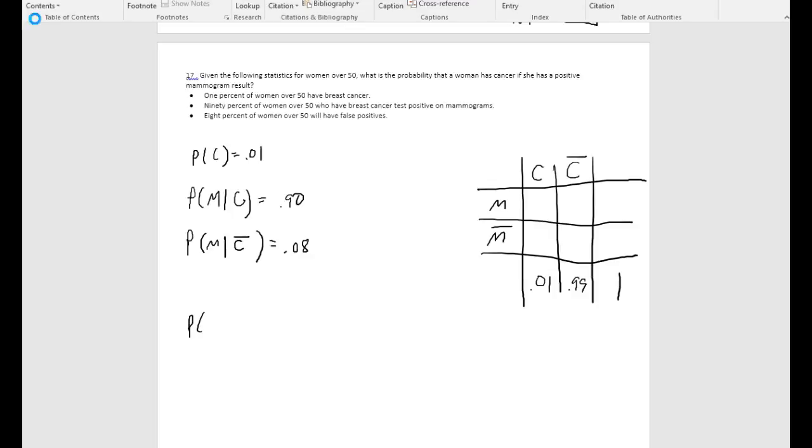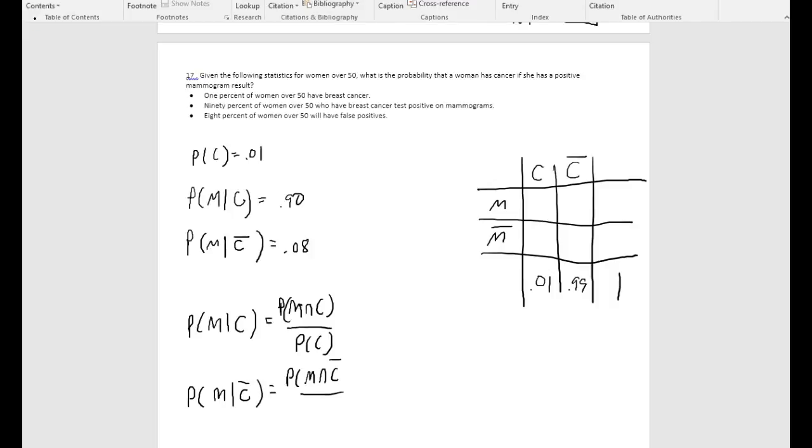So we normally break our conditionals down into their intersection and their marginal, to solve for what their intersection is so that we can fill out the rest of the table.